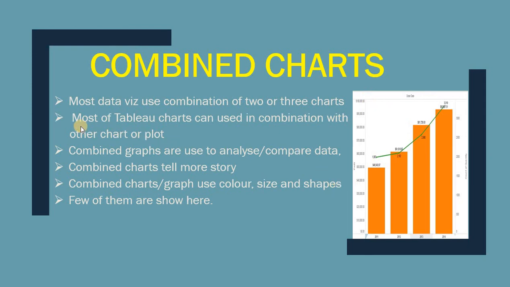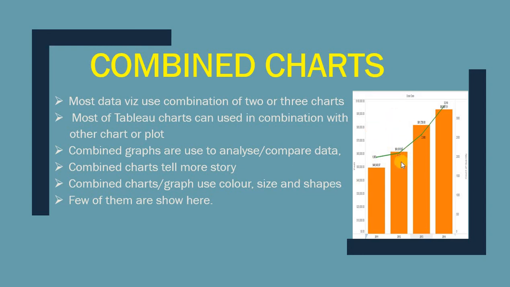As we can see, most visualizations use combined data points, combined charts or diagrams. Combined diagrams are used to analyze and compare data, as we know, and that is very important. And we can use color, shape, and different graphs in combining data.